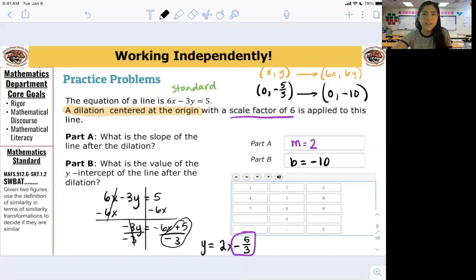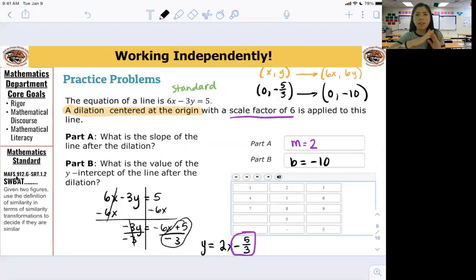And how do I know that that is a y-intercept and not just a regular point somewhere else? Good, because it's 0 comma negative 10. So I know that that is on the y-axis. So I know that that is my y-intercept.